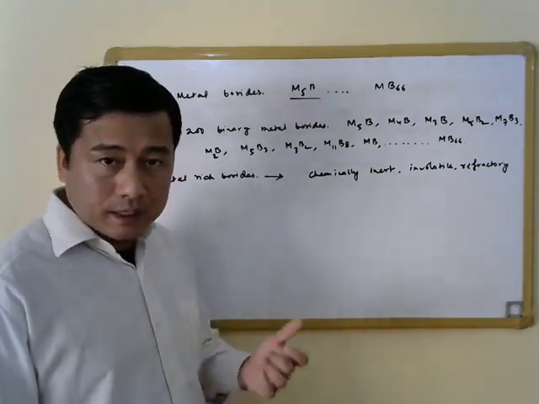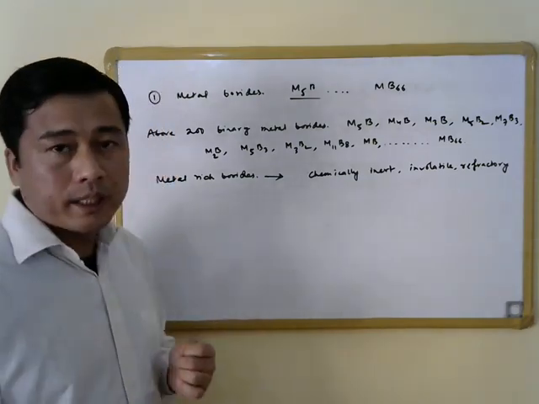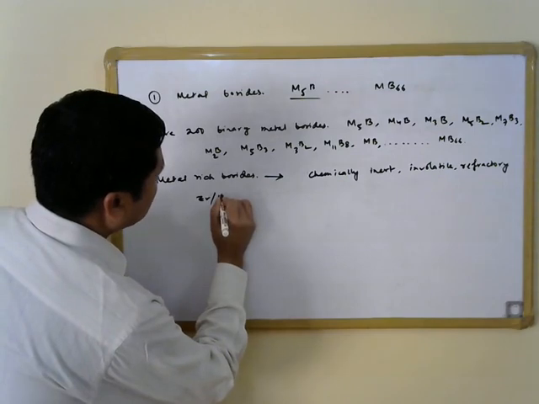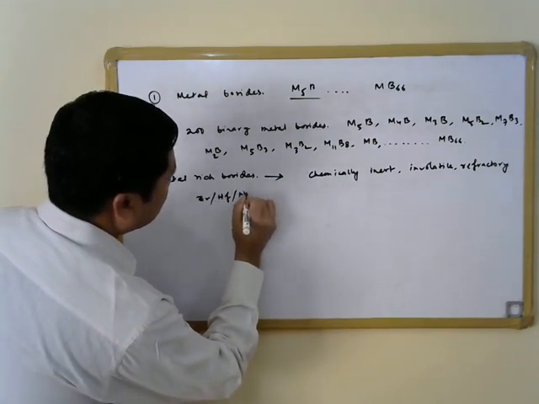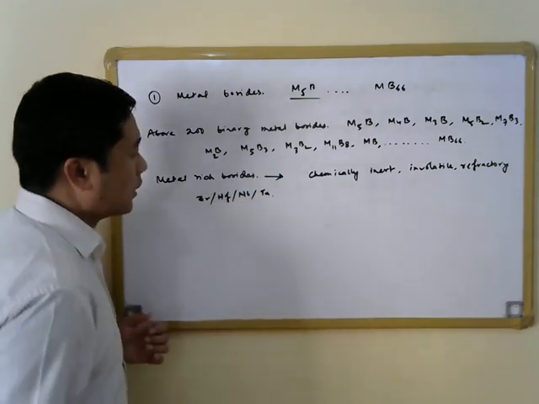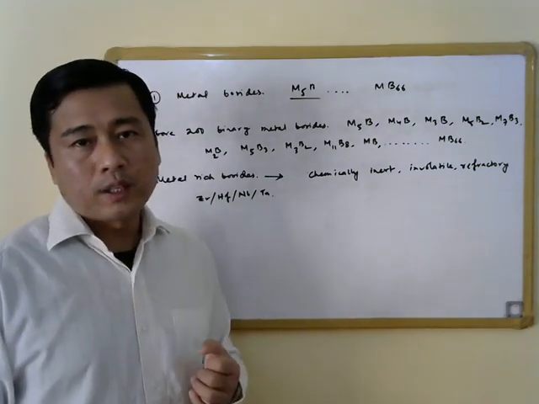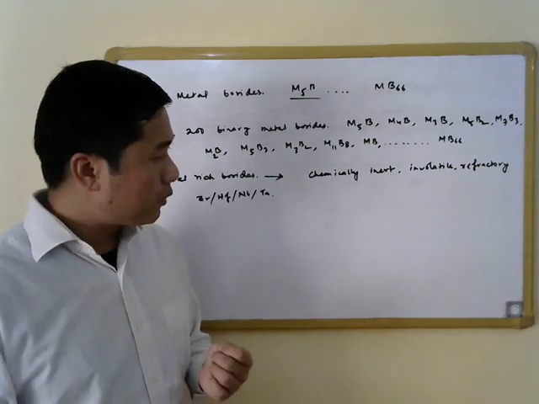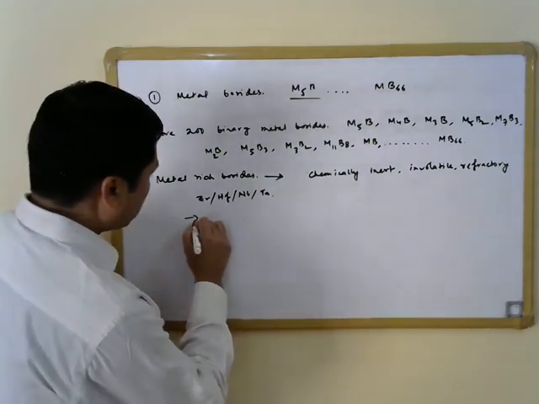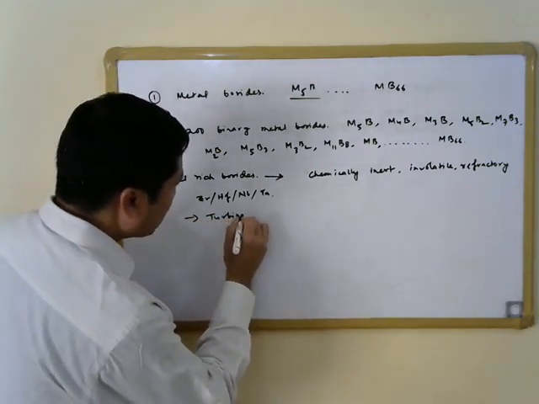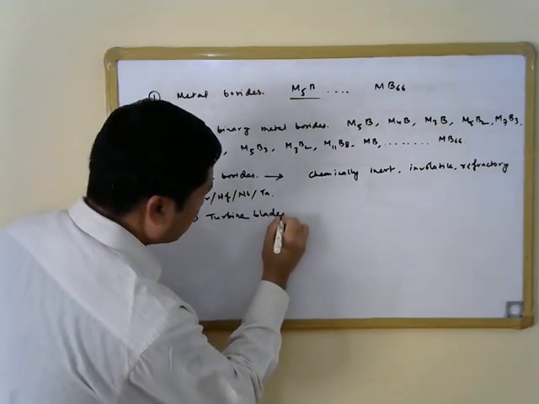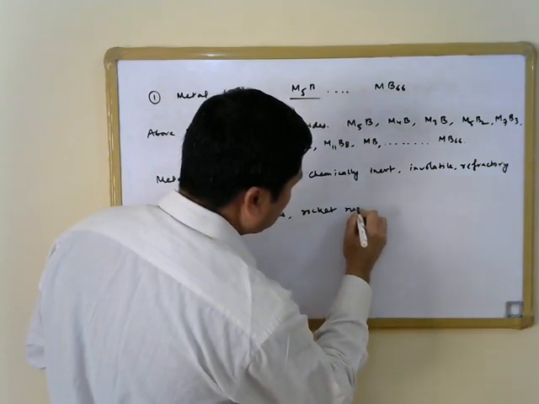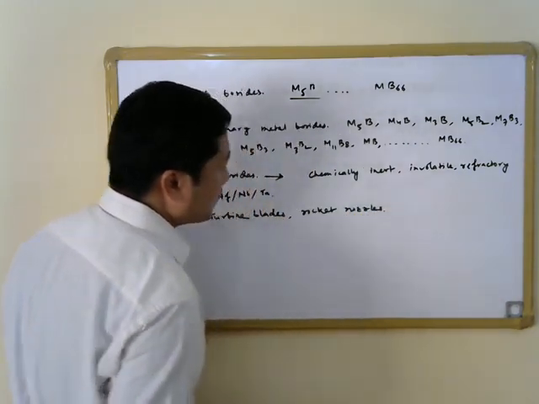Because of these reasons, these metal-rich borides, say for example metal borides of zirconium, hafnium, niobium, or tantalum, have found application in high temperature equipment, for example as turbine blades or rocket nozzles.